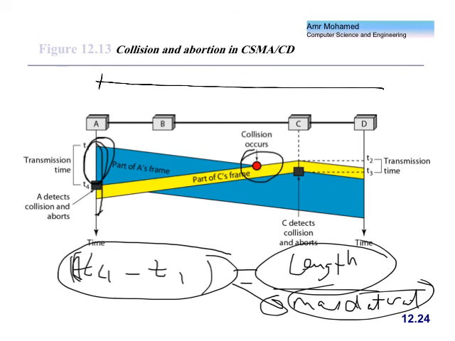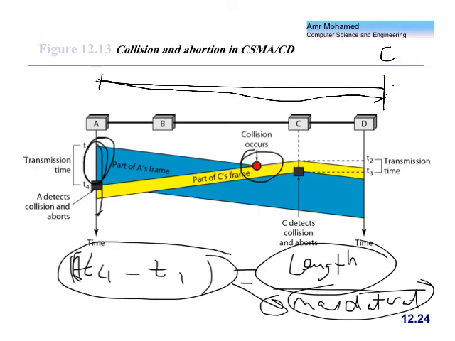So A sends the frame, and it reaches C. Slightly before it reaches C, half a nanosecond before, C checks that the channel is idle, so it sends the frame.